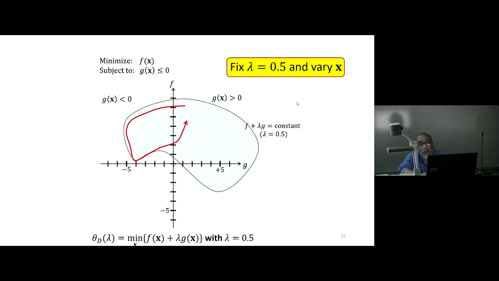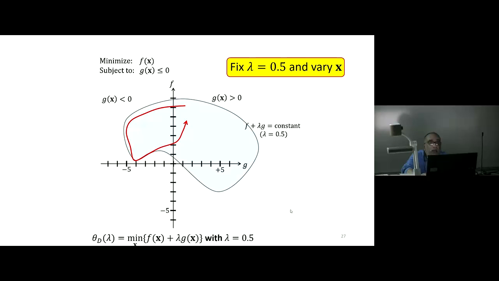Now we're going to fix lambda at 0.5. x is varying because we are adjusting those levers to change x. So let's look at what happens to f plus lambda g. Our goal is to find theta d of lambda, which is the minimum with respect to x of f(x) plus lambda g(x), and lambda has a certain value. We are trying to evaluate theta d of lambda when lambda equals 0.5.